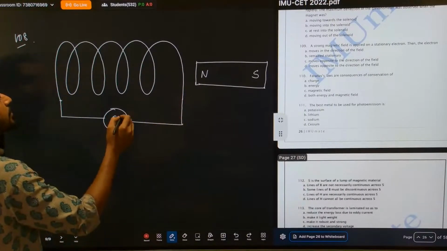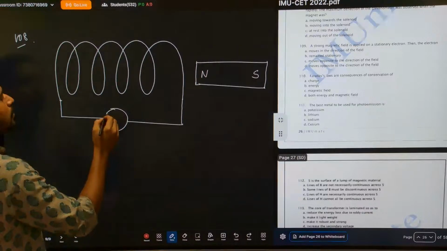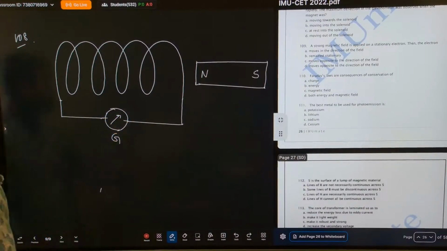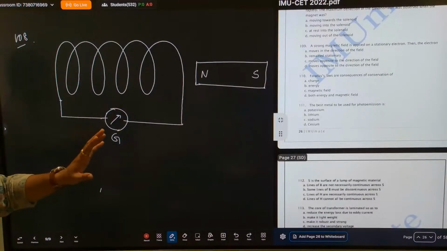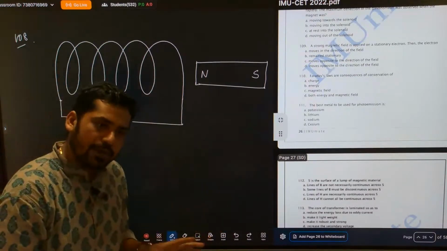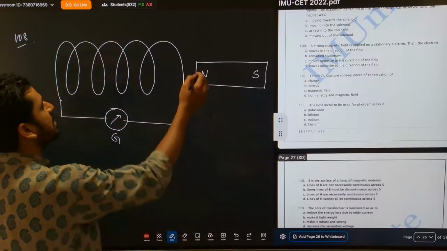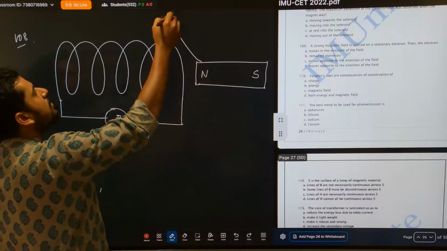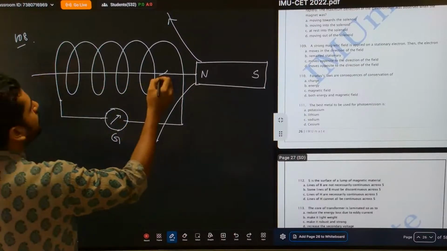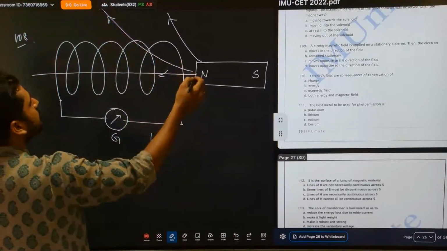Now, no battery is connected. So if no battery or cell is there, no current would be there. Now, let's say it is stationary, which means there are magnetic field lines which are passing like this.